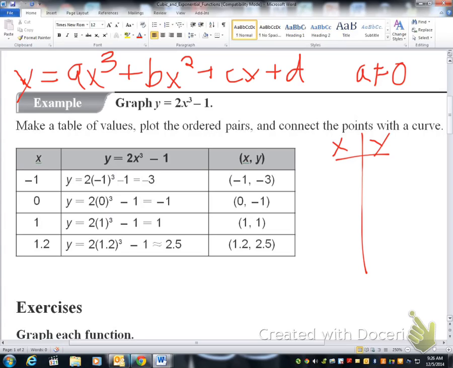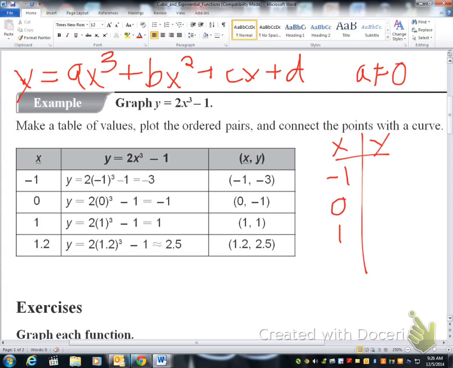I just plug in x and do that in my head or on a scratch sheet of paper. If you want to show this middle column, though, of course you can. But I just plug in, just like what we did in the previous section. Since we know it's going to be centered around y, I want to use 0 and I want to use values above 0 and values below 0.